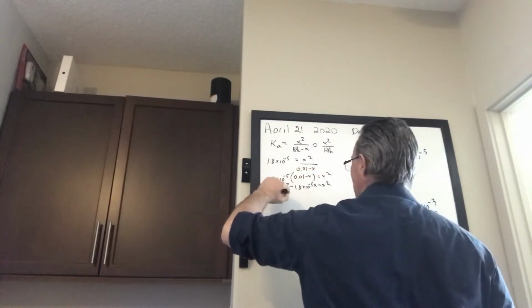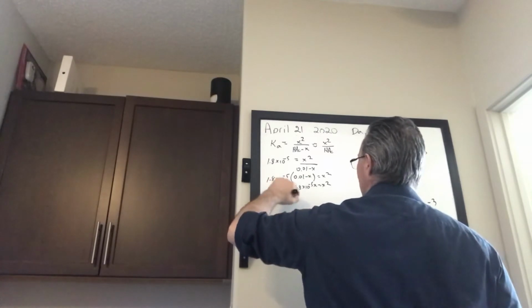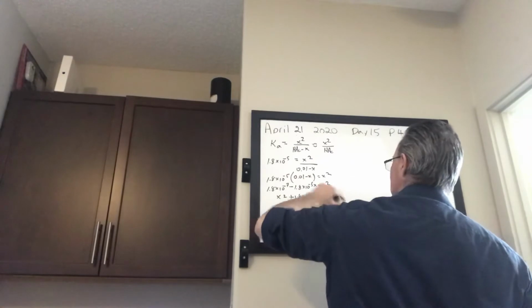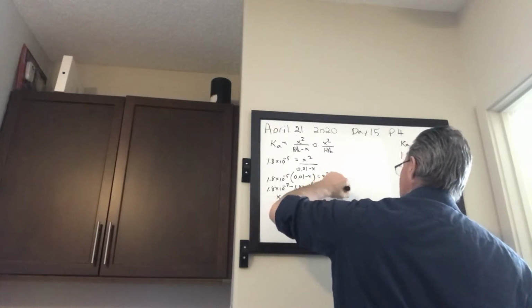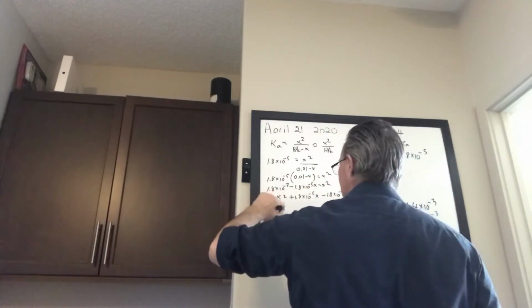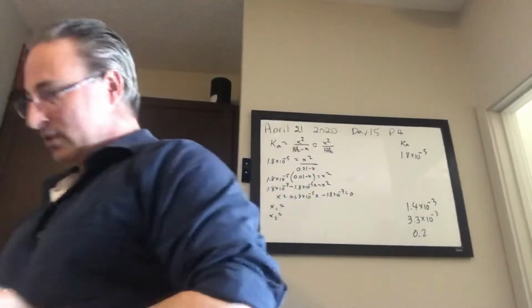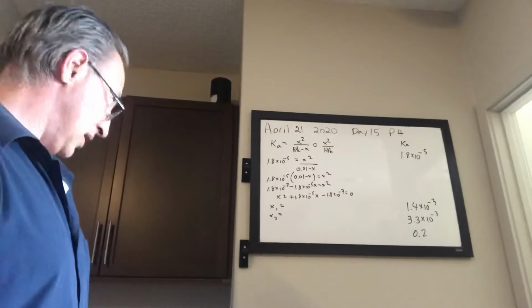So the trinomial you get is x squared plus 1.8 times 10 to the negative 5 x minus 1.8 times 10 to the negative 7 equals 0. And then we can enter that into our quadratic formula on the calculator to obtain the result.